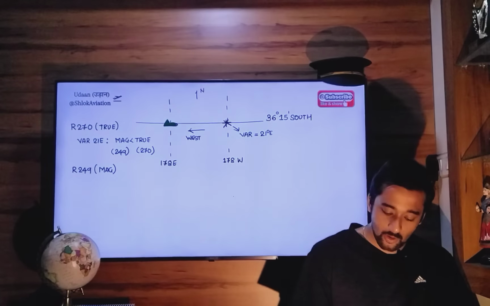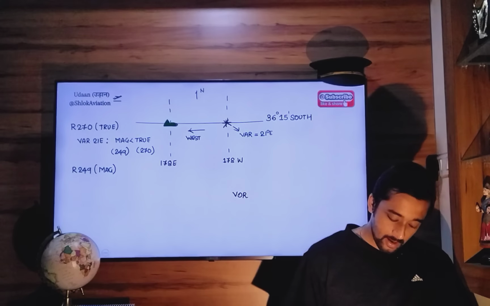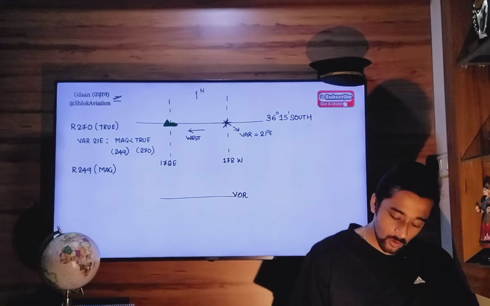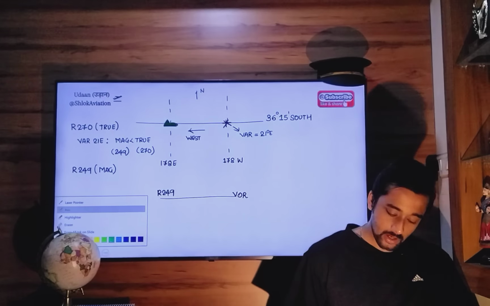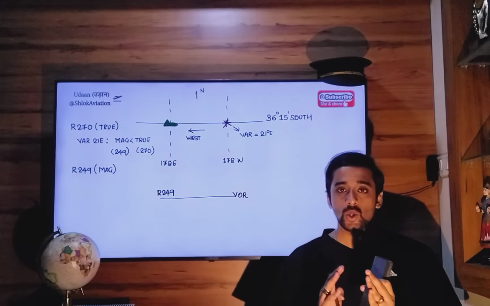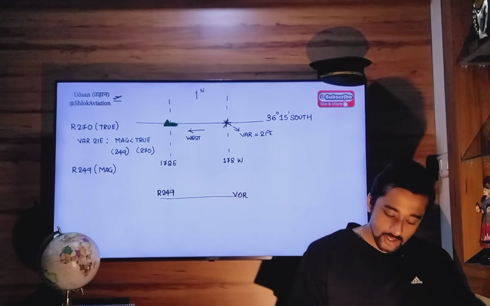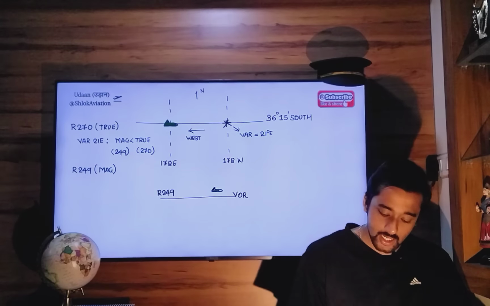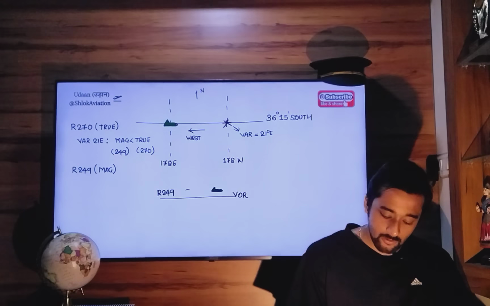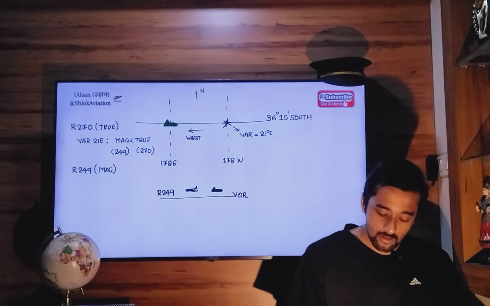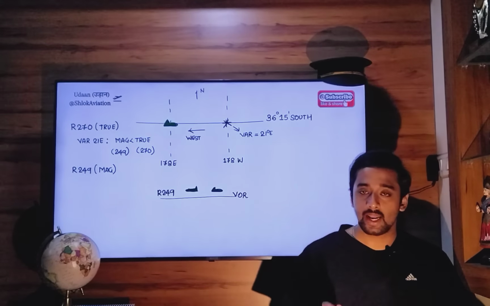Let's say this is your VOR station. The pilot must be flying on radial 249 inbound, because ground speeds are accurate when you are flying towards the station, VOR DME station, or away from it. So you can either fly towards this station or away from this station, whatever, but the radial will be the same.